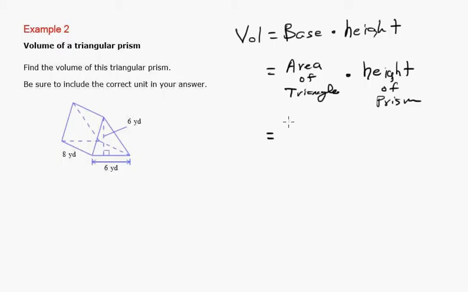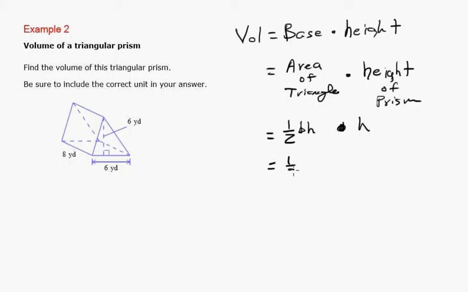Okay, and so this is 1/2 times 6, or 1/2 the base times the height of the triangle times the height of the prism.